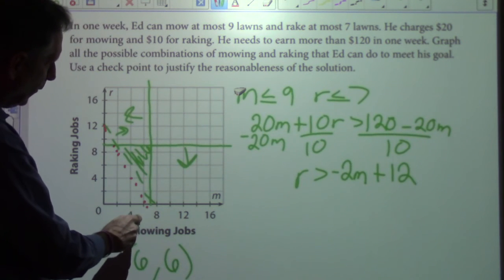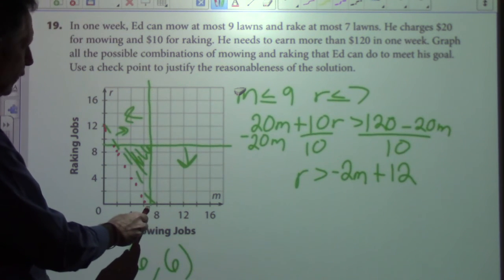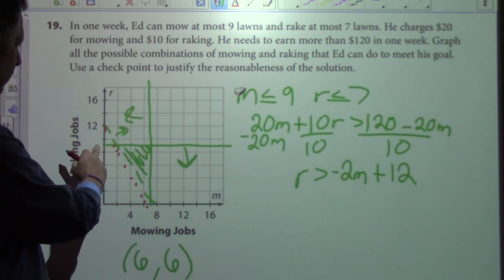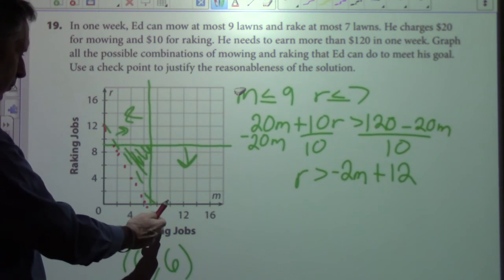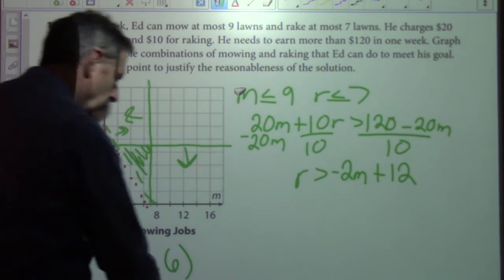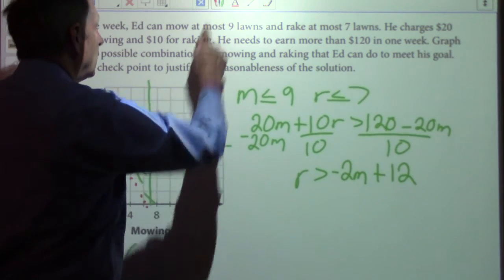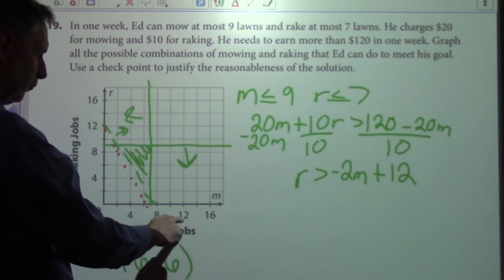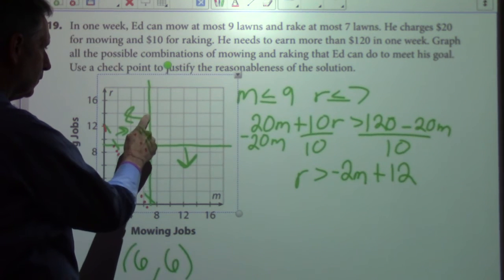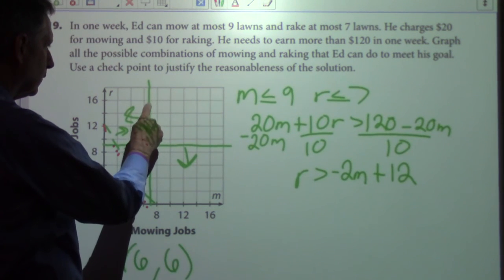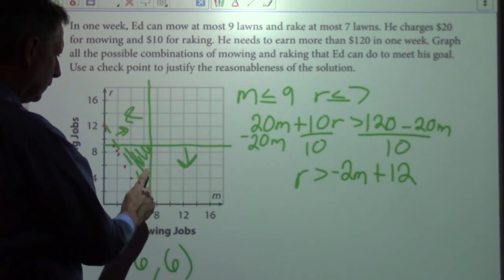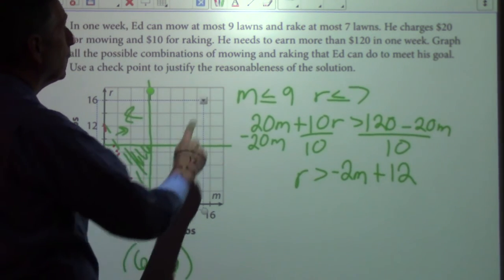So then we have, oh, and also, okay, that's 9. Mowing is less than or equal to 9. So this here, let me show you. Okay, this mowing is less than or equal to 9. I put the lines in the wrong spot.